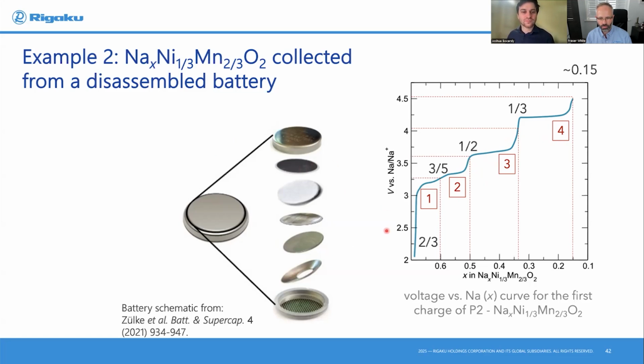Sometimes we actually just buy the empty casings from CR2032 coin cells, like the ones that you would use in certain watches, and put inside a stack of materials with a spring, spacer, an anode, which could be lithium or sodium metal, the electrolyte soaked into a glass fiber separator, and then a film of our cathode. And that film of the cathode is what we're studying.